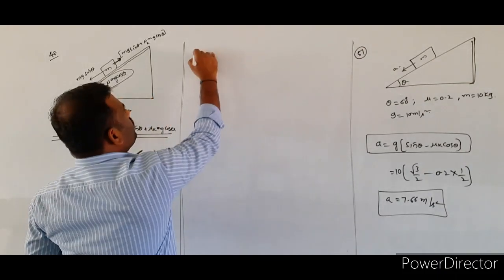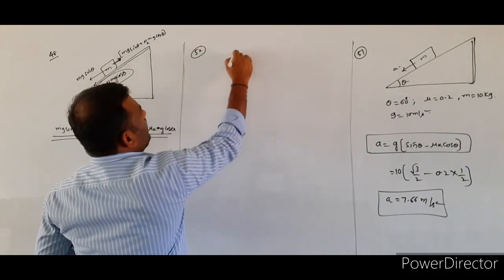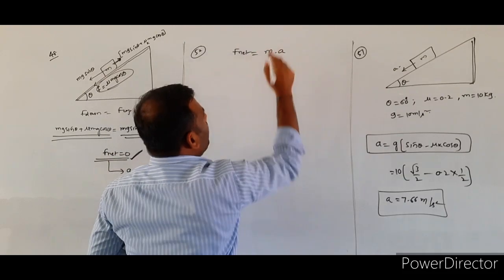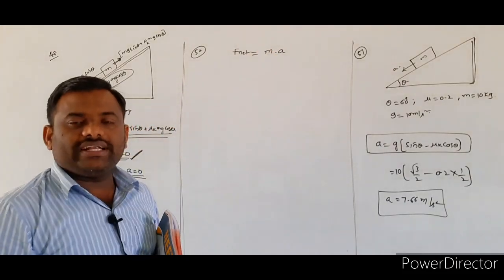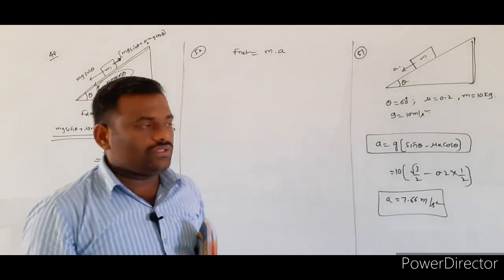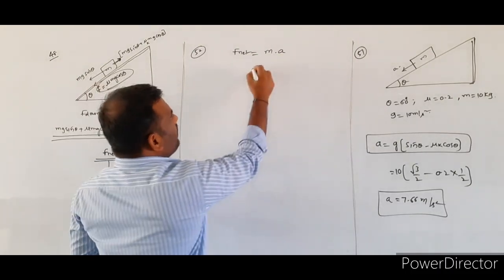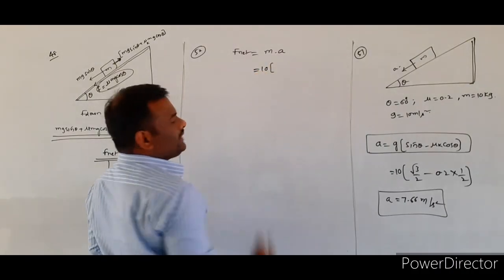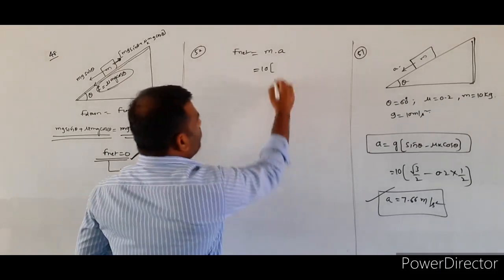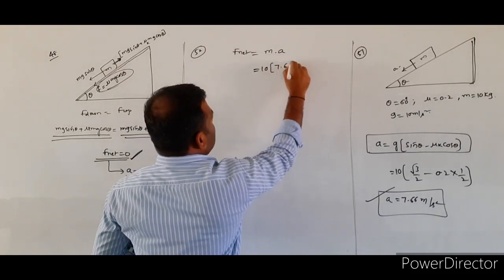So for the numerical number 52, net force acting on the block, already we know, according to Newton's second law, F net is equal to mass into acceleration. What is the mass of the block? Mass of the block is equal to 10, and acceleration value is 7.66.